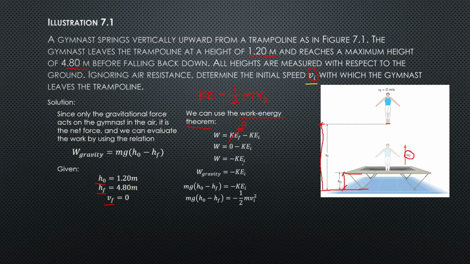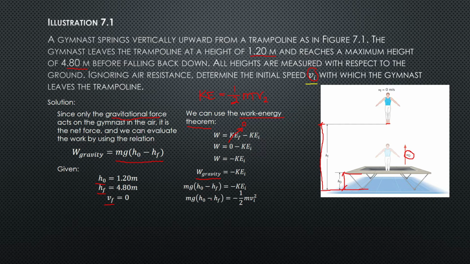But then since gravitational force is only applied, the work based on gravity will be equal to the negative initial kinetic energy, where work done by the gravitational force is equivalent to mg times initial height minus final height.